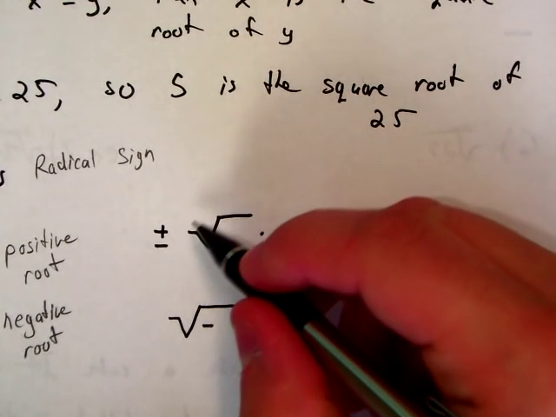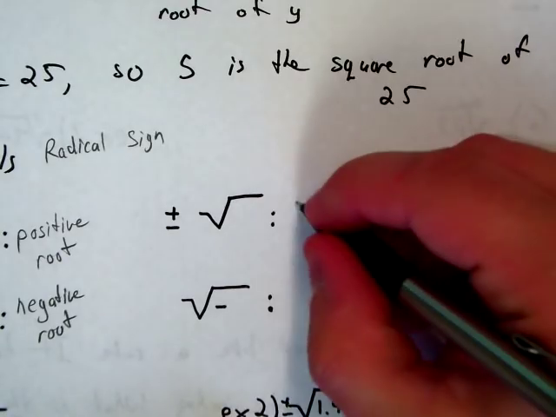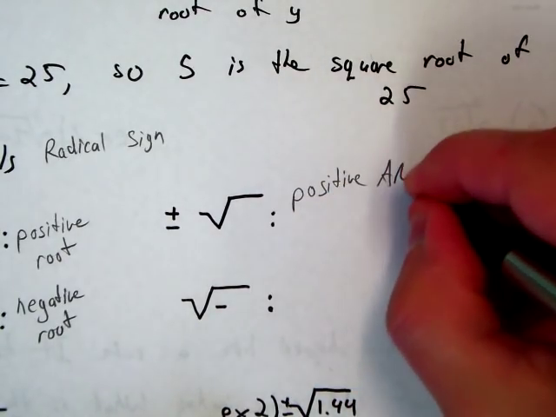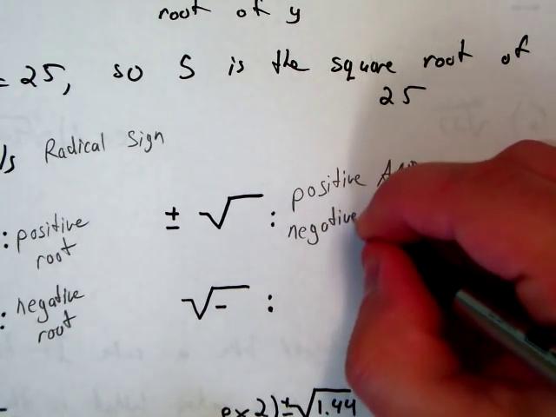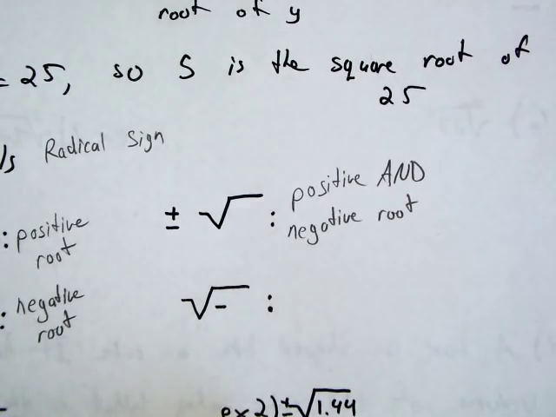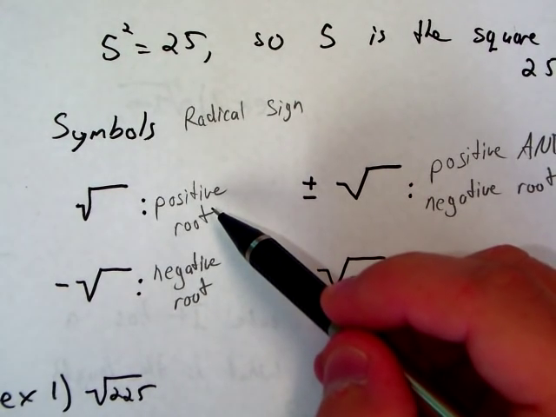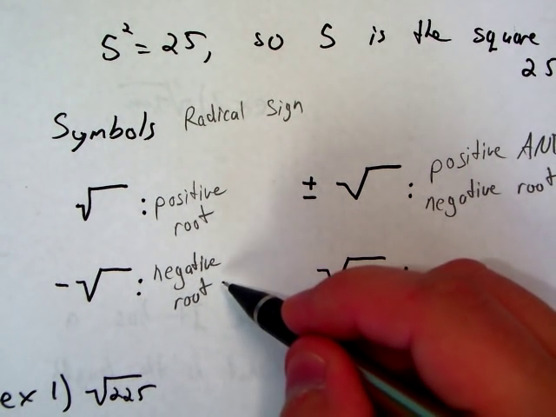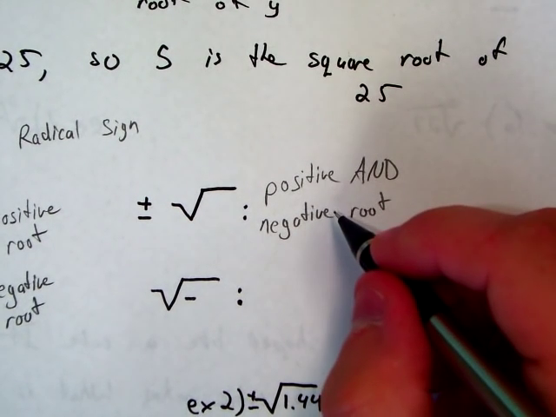Now, if we have a radical sign with both a positive and a negative sign, this means positive and negative root. In this case, we'd be looking for both of them. So this one here, we would just be looking for positive 5. This one, we would say it's negative 5. This one, we would say it's positive and negative 5.